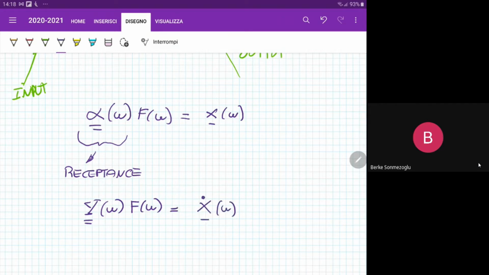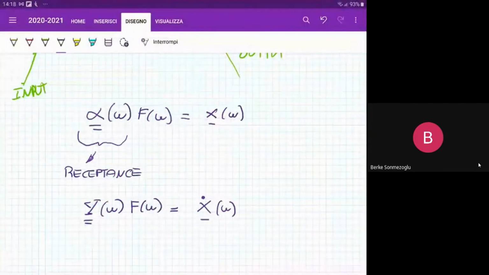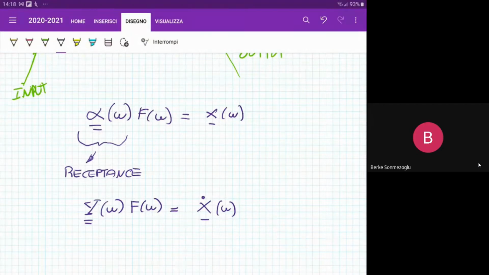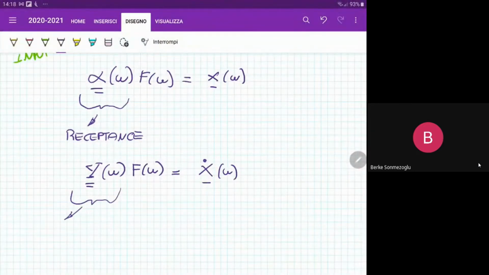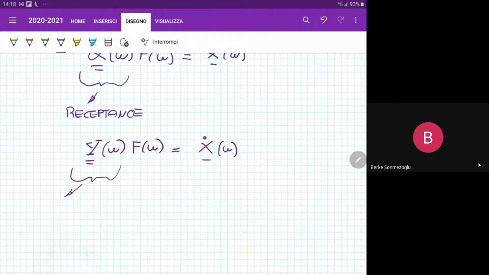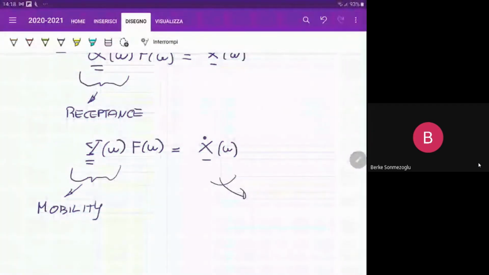It is not a clean nomenclature that I'm considering because it's a mixture between the time domain and the frequency domain nomenclature, but I use this because it is clear that I am referring to the frequency domain version of the first time derivative of the output displacement. Okay, and this is the system transfer function that is called mobility. And here, of course, we have the velocity.